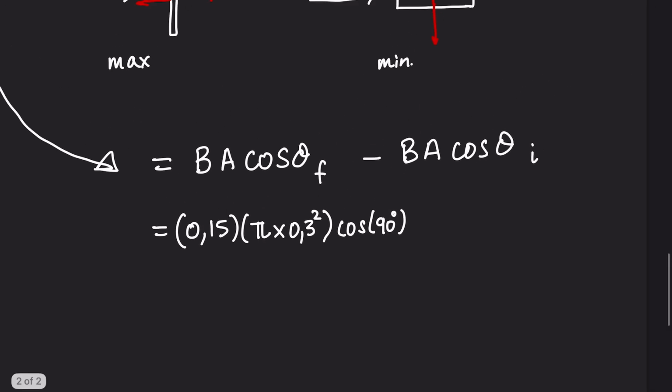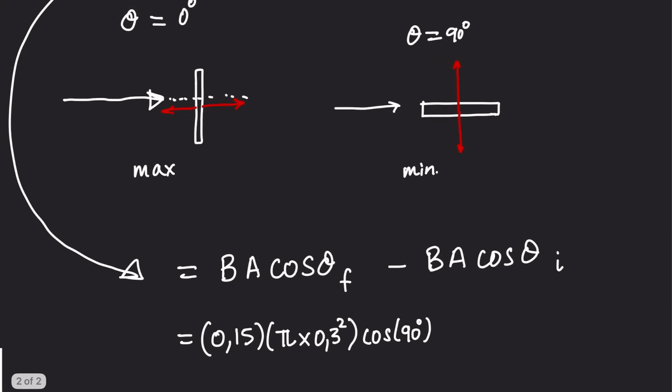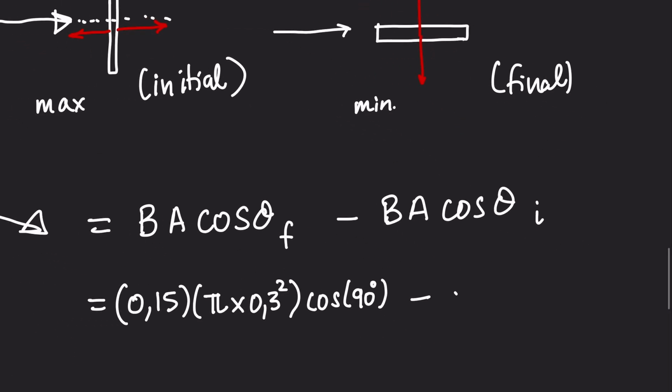Because remember, when it's at a minimum, it went from a maximum to a minimum. So this is the final, and this is the initial. Then we have minus 0.15 times pi times 0.3 squared, and then cos of 0 degrees.